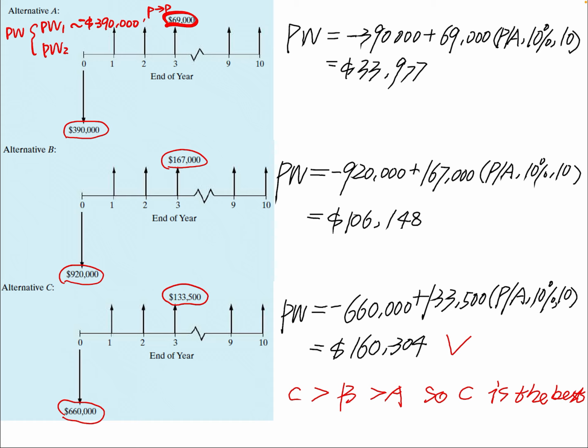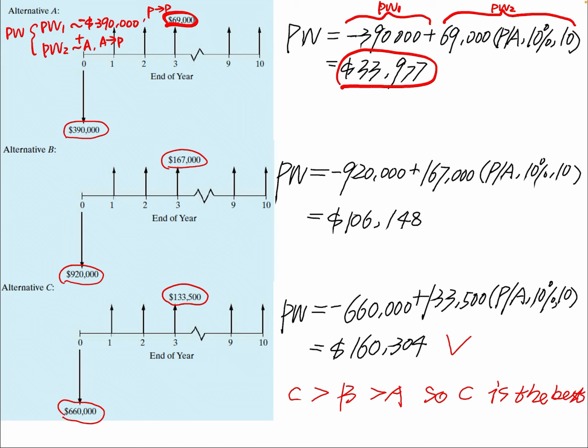And PW2 is from the annuities, it's positive, right? So you want to convert the annuity to present worth. So this is our PW1, and this is how we convert the annuities to present worth. So PW2, and after the calculation, this is your total PW for alternative A.